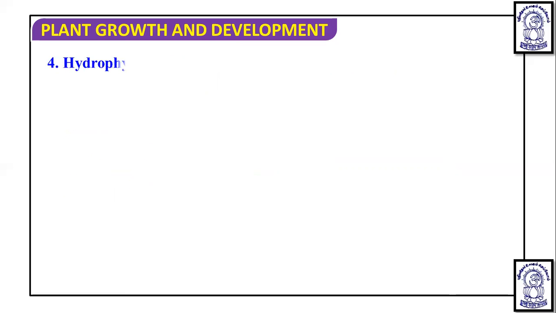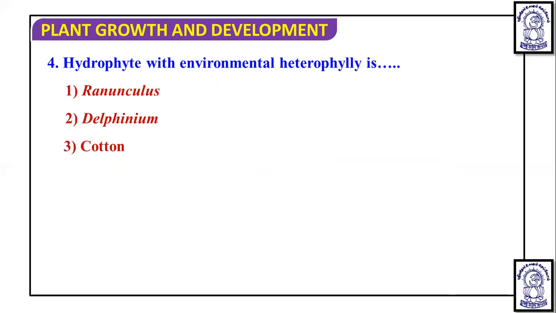Heterophyly is an example of plasticity. A hydrophyte with environmental heterophyly is obviously Ranunculus flagellaris. It cannot be cotton; be careful, because cotton shows developmental heterophyly. Ranunculus is going to be the correct answer.